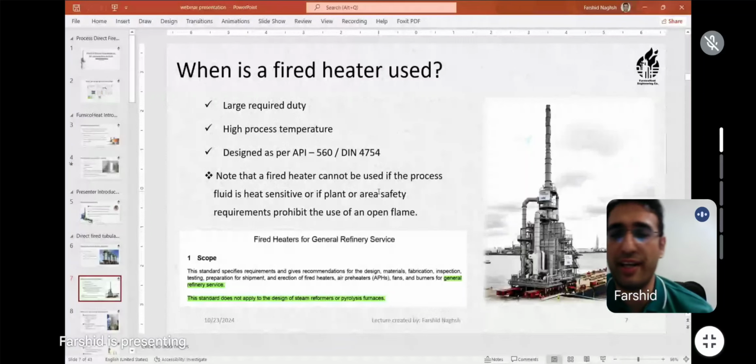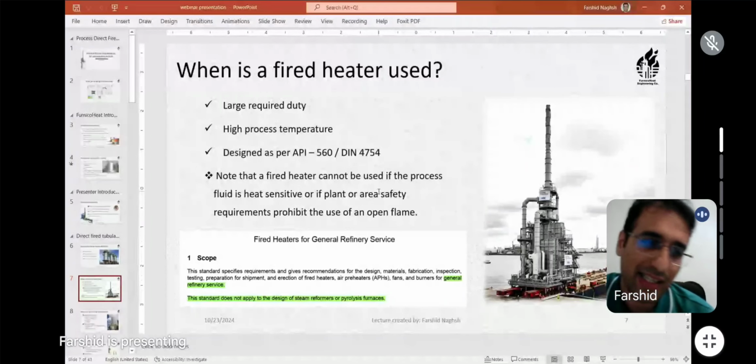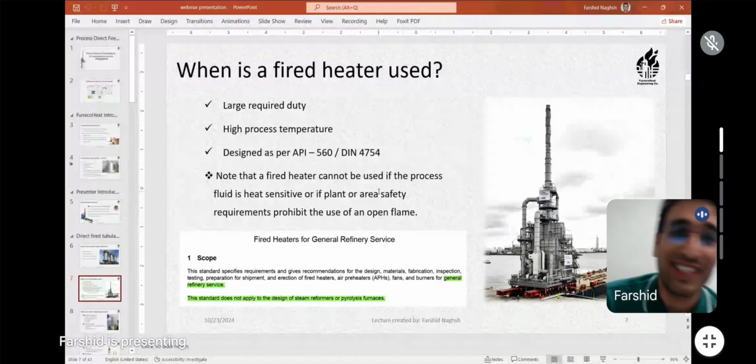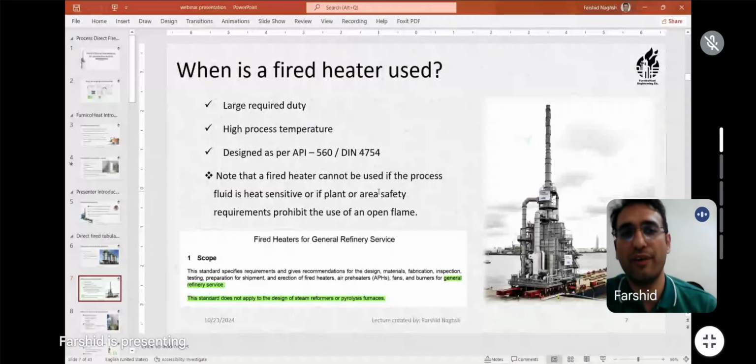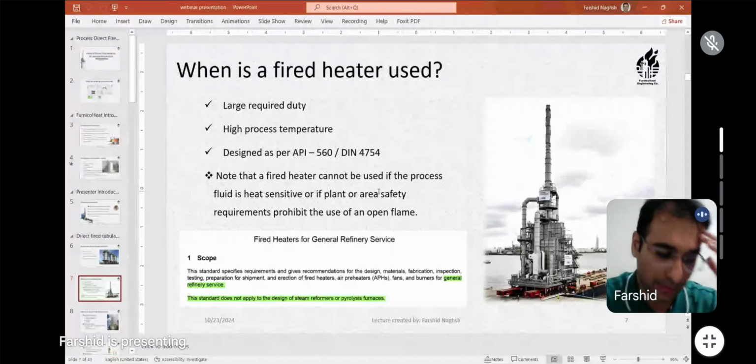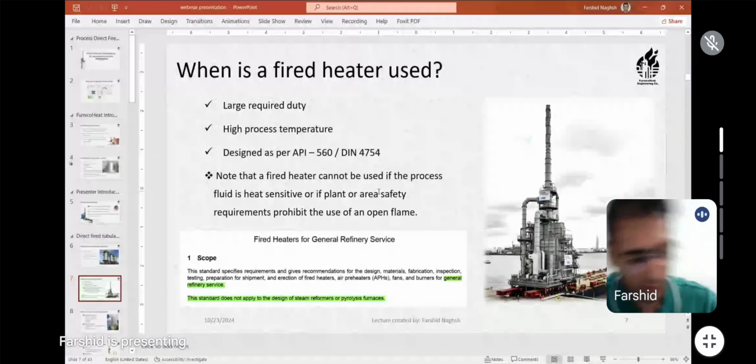When do we use a fired heater? The answer is when you want to increase the temperature or transfer a large amount of heat to a fluid, we use direct fired heaters. Someone might say, what about, for example, a shell and tube heat exchanger?